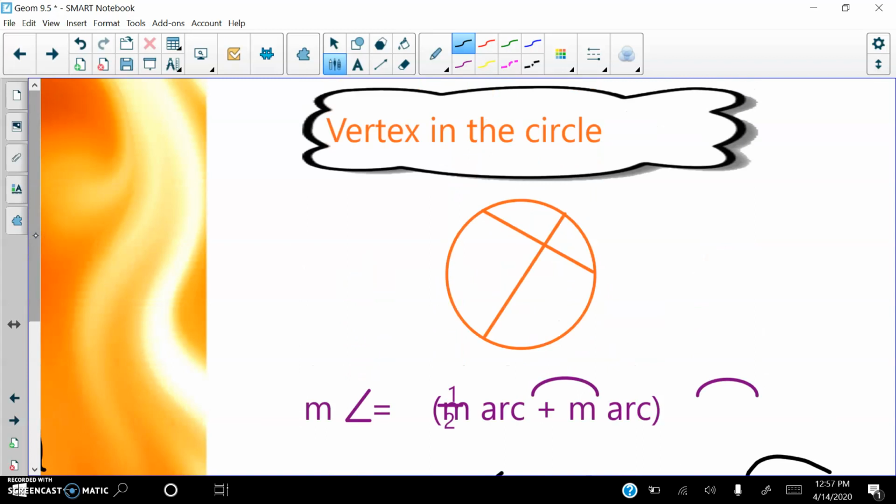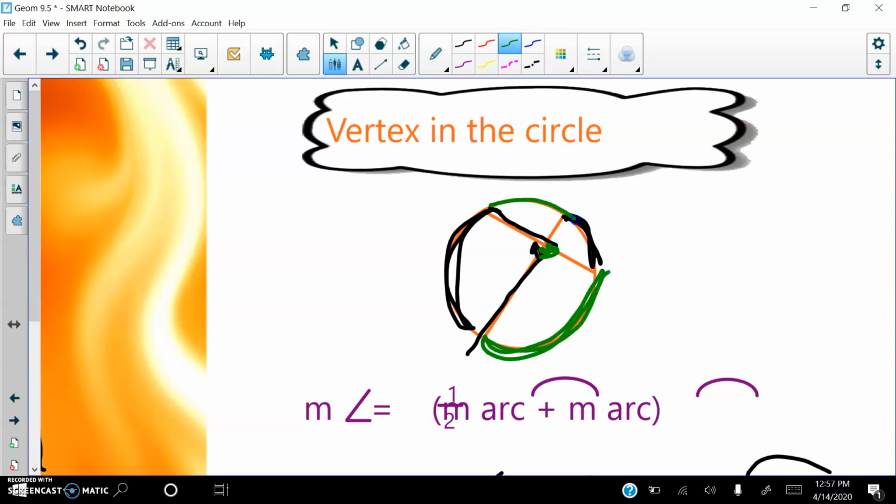So if I want to find the measure of, let's say, this angle right here, I would take this arc plus this arc, opposites of each other, add them together, divide by 2. Or if I wanted to find this angle right here, I would take this arc, add them up, divide by 2. It's just the average of the two.